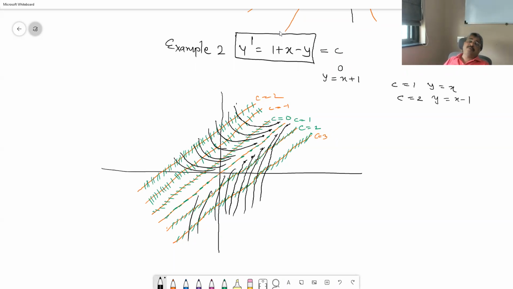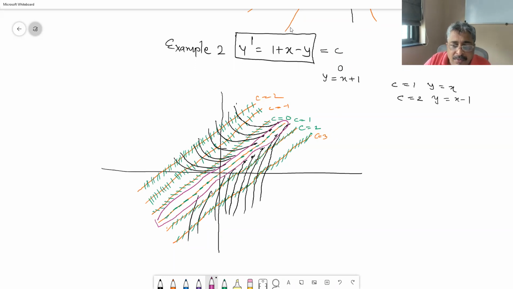We do not know, this could be a very complicated solution. However, here I would like to show you one very interesting fact: concentrate on this line where the slope of the isocline and the slope of the tangent segment are exactly the same. So this is a special line which is itself an integral curve.